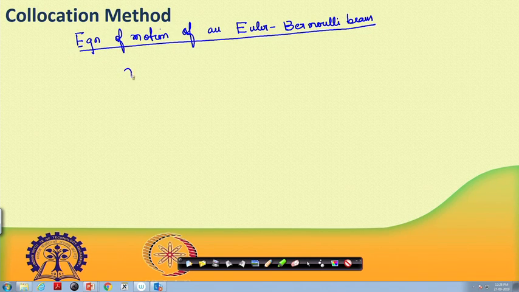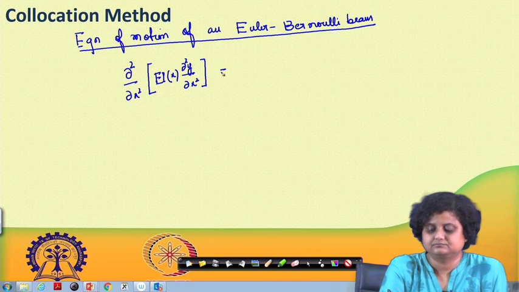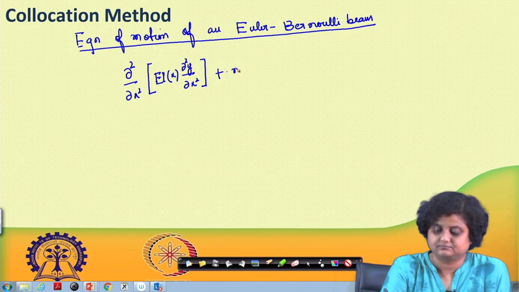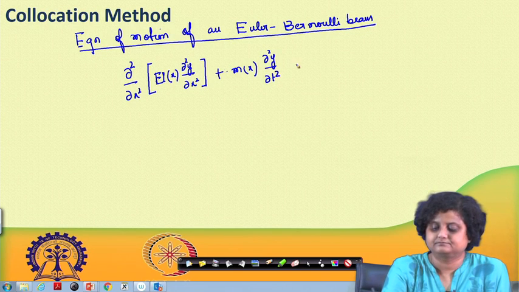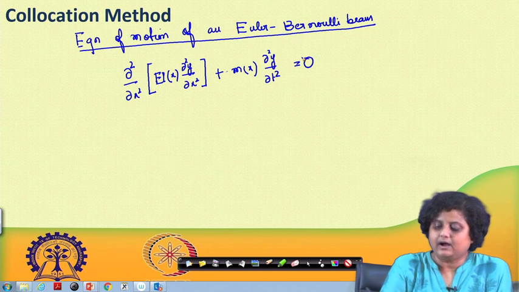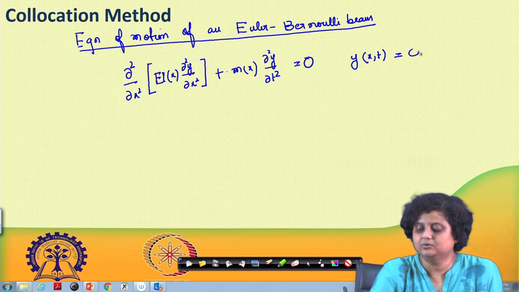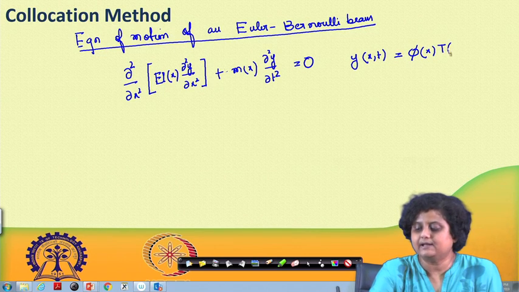So, let me write down the equation of motion. Now, I assume normal mode of vibration and therefore say that y(x,t) is equal to the mode shape phi(x) times the time function d(t).